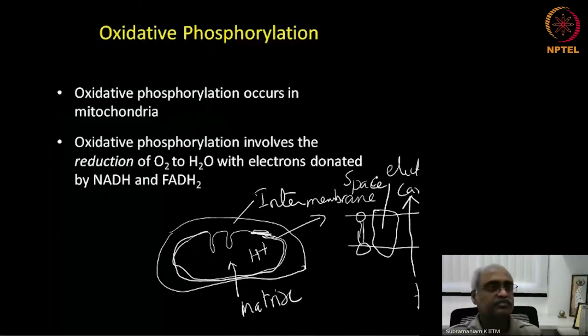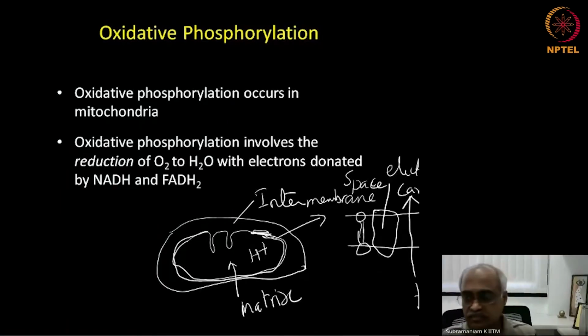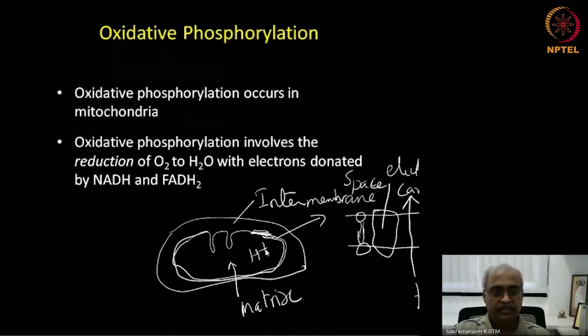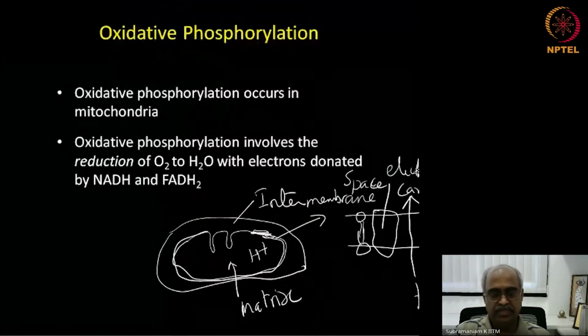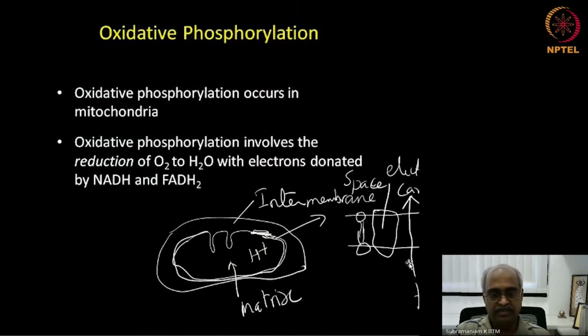When protons move from the matrix to the intermembrane space, you are actually going to build a proton gradient across this membrane. You're going to have more protons, positively charged, in the intermembrane space and negatively charged in the matrix. That is going to be the end result of this electron transport.